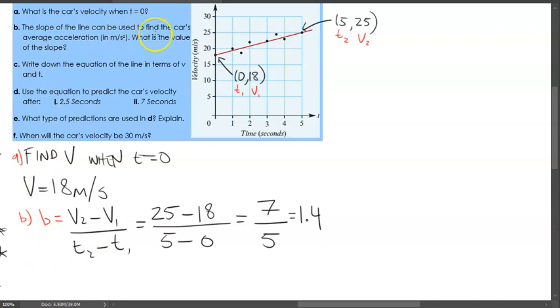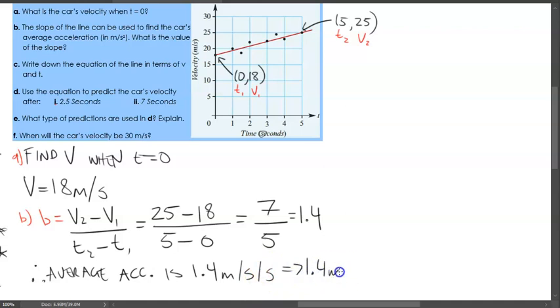So the question is saying in word format, what is the value of the slope? Therefore, the average acceleration, I'll just put ACC for short, is 1.4 meters per second, per second, okay, and that's where that meters per second squared comes from. 1.4 meters per second squared, because we're getting this meters per second as a rate to how long it takes, time in seconds.